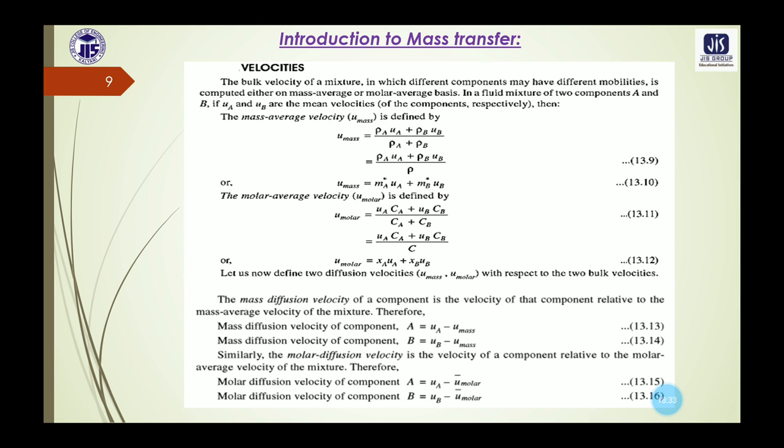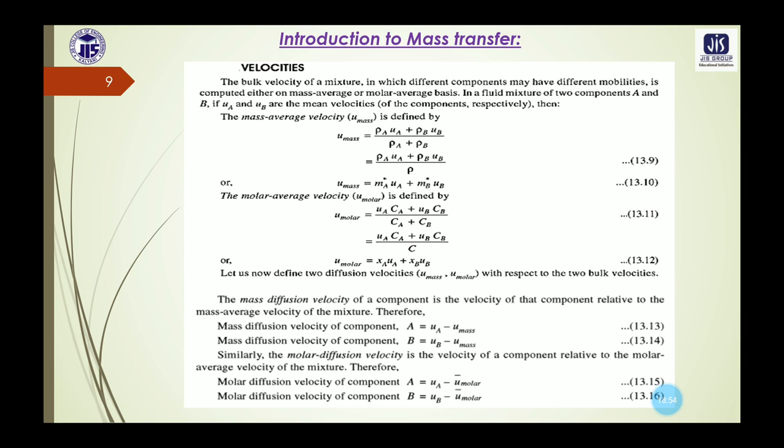So till now we have discussed the concentrations. Right now we will discuss the velocity part. The bulk velocity of a mixture in which different components may have different mobilities is computed either on a mass average or molar average basis.